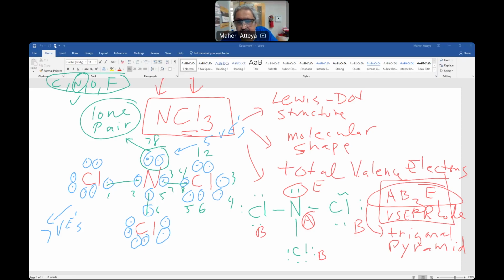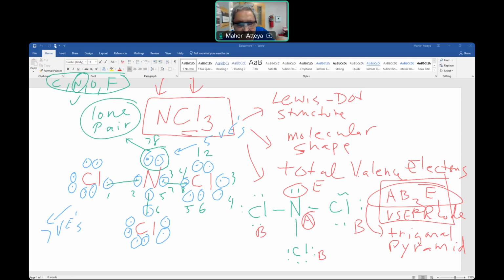shape is. Now, if I ask you for electronic, what will be the electronic shape of this molecule? Remember, electronic will treat all those the same and will consider the lone pair, correct?